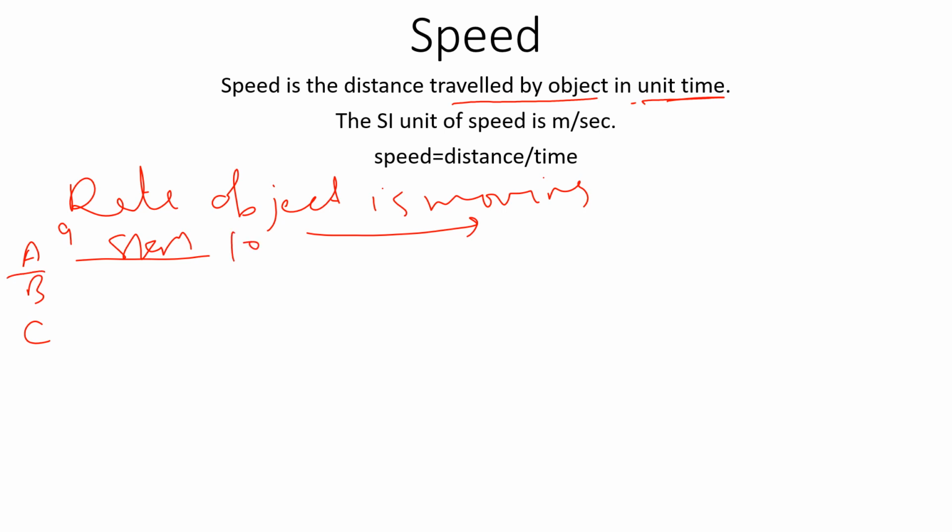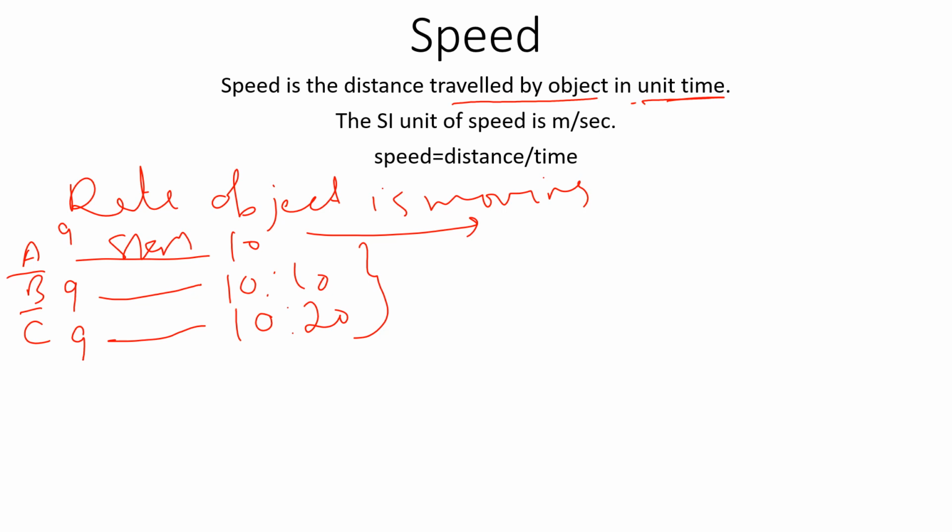The second person also started at the same time and traveled the same distance, but he reached at 10:10. The third person also started at the same time and covered the same distance, but reached at 10:20. Why? Because the rate at which they are moving is different.